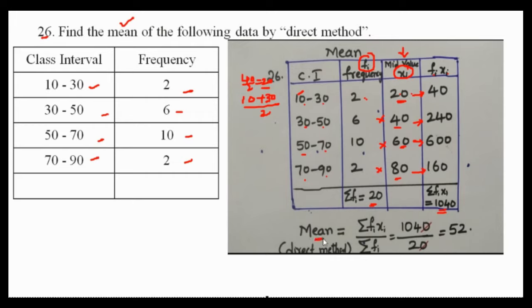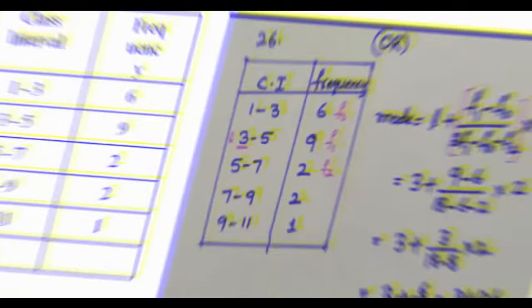We know the formula for mean in direct method is sigma fi xi by sigma fi. We got sigma fi xi as 1040 and sigma fi as 20. So 1040 by 20, the 0 gets cancelled, 104 by 2 is 52. So the mean for the given data is 52.